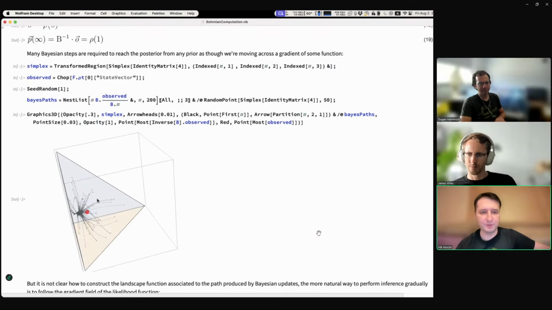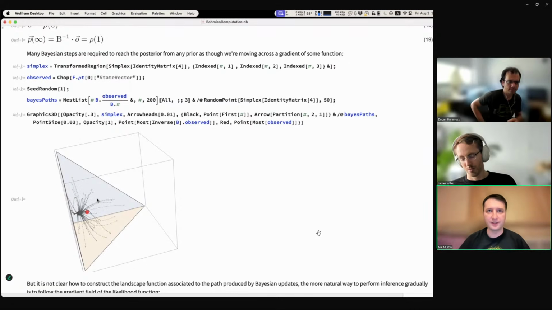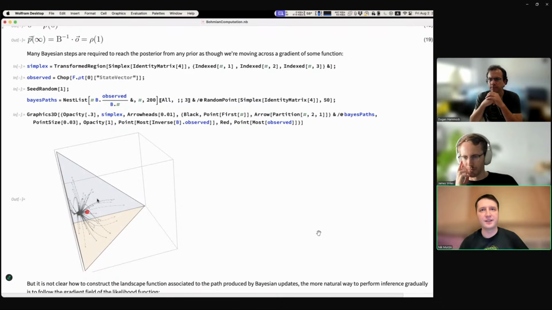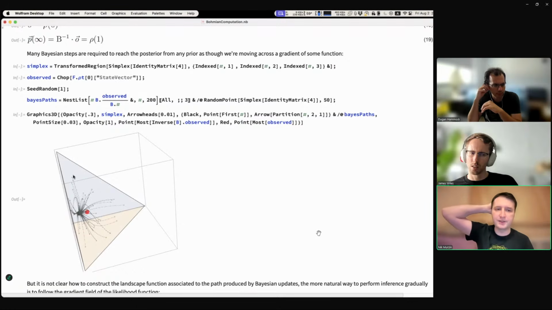Because we're dealing with 4-dimensional probability vectors, and they're normalized, you can drop one of the dimensions and embed it in 3D, right? Because they sum up to 1, so they're just 3 degrees of freedom. So now this is a probability simplex. Every point here represents different 4-dimensional probability vectors.